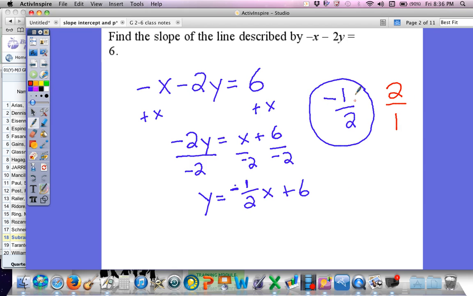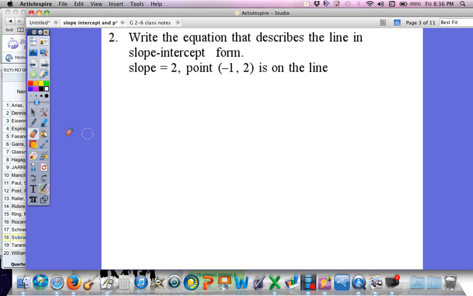Since this is negative, the negative reciprocal is positive, and the reciprocal is 2 over 1. So if I had anything with a slope of 2, that would be perpendicular. You don't need that for this problem, but I think it's important to mention it because you will need that in problems in this chapter that we'll be getting into in geometry.